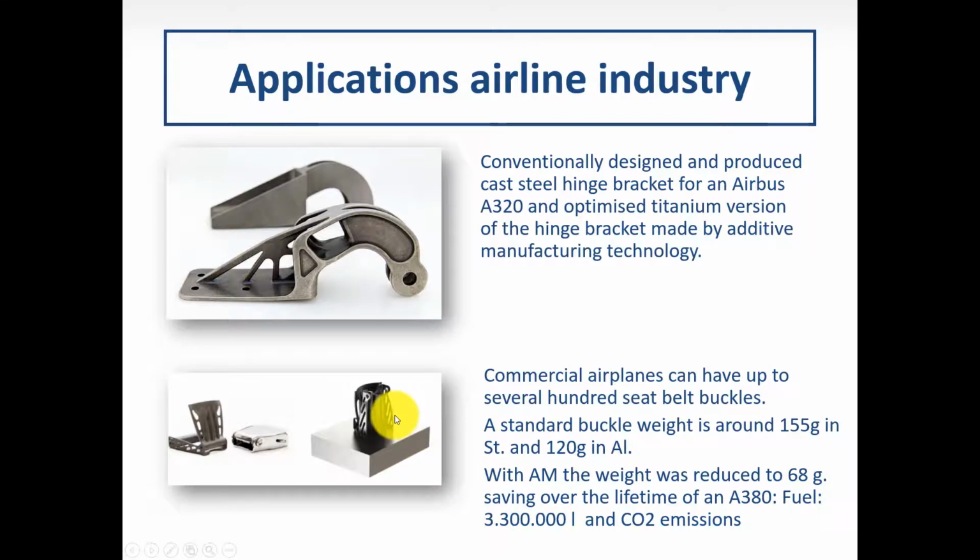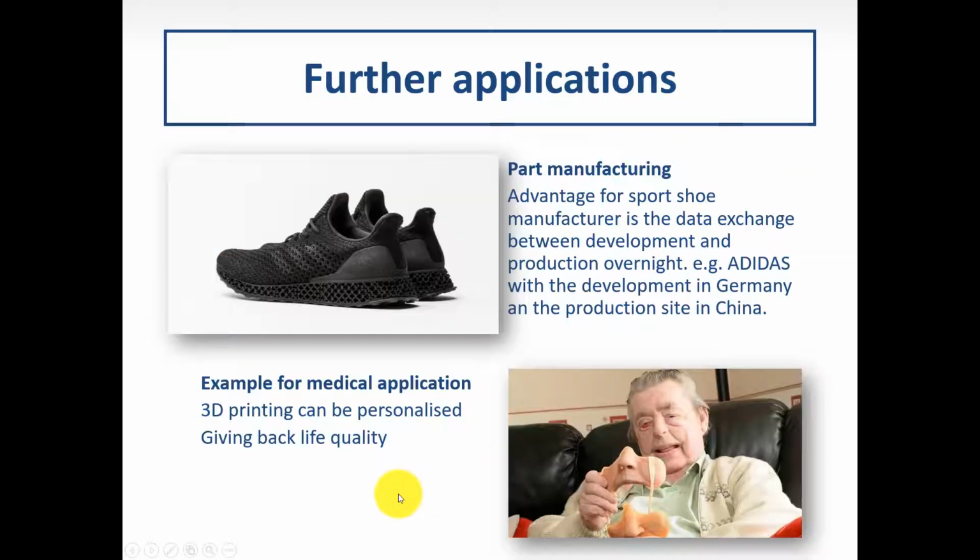Multiply that by the number of seats that an Airbus 380 has, and you can translate into benefits of fuel and therefore CO2 emissions. So you see, a little bit of weight multiplied by many, that's a lot of weight, and that's a lot of savings. So that just shows you these potentials.